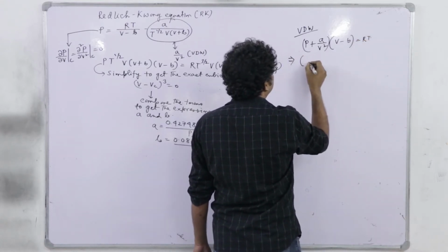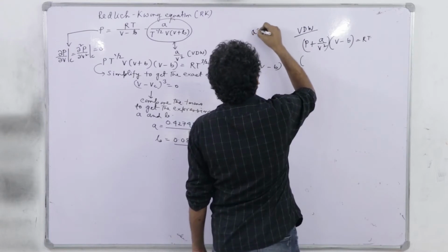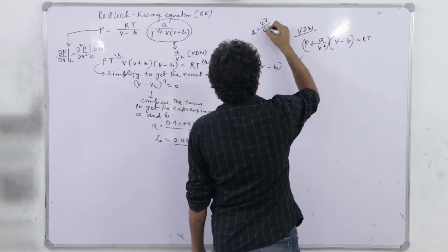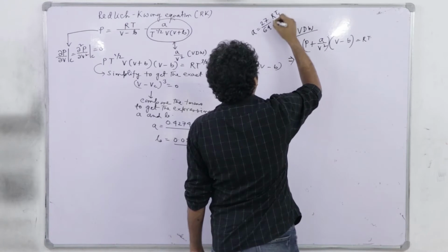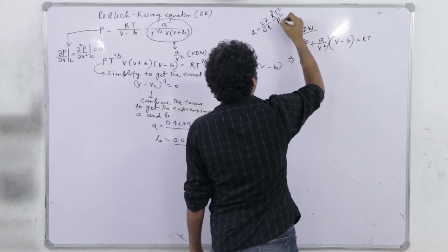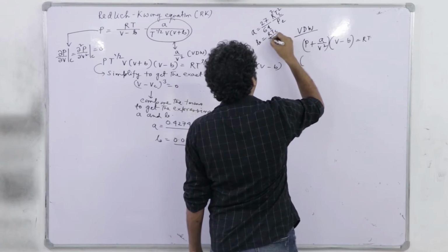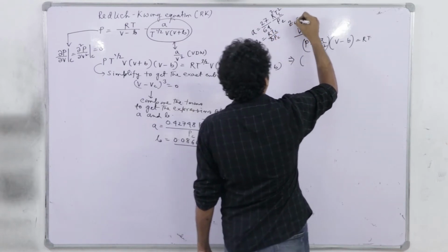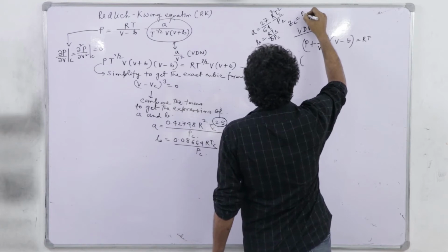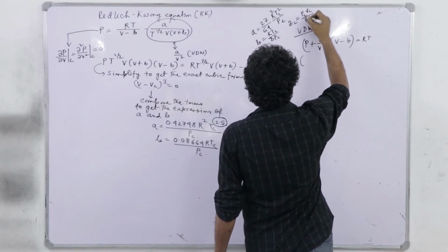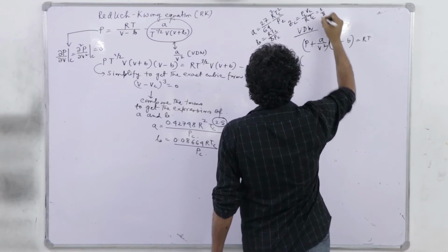So, what you have got is A equal to 27 divided by 64 R square Tc square by Pc, and B equal to R Tc by 8 Pc, and Zc, which is Pc Vc by R Tc, equal to 3 by 8.